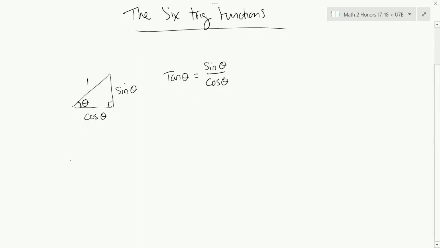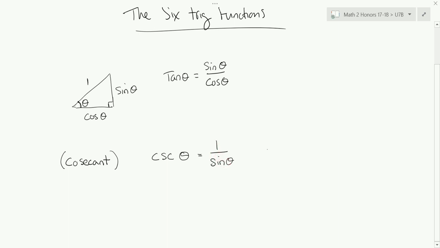So the first one is the cosecant. We're going to abbreviate it CSC. So the cosecant of theta is defined as the reciprocal of the sine of theta.